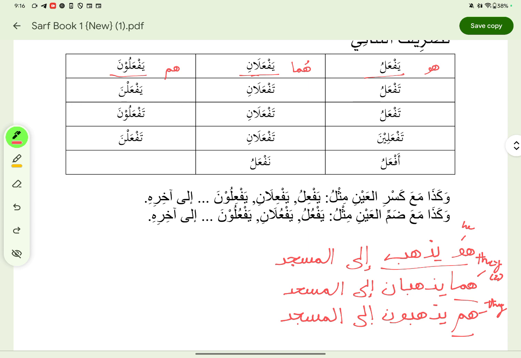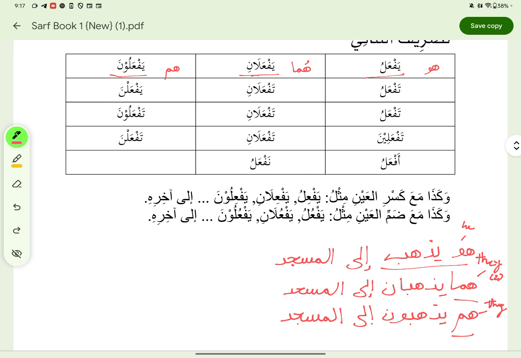Huwa yadhhabu, just like the word that we have on top here, yaf'alu, is in that form. Yadhhabu is in the form of yaf'alu. Yadhhabani is in the form of yaf'alani. Yeah, let me see. Go ahead. Did the verb also affect the pronoun? No, the verb doesn't affect the pronoun.